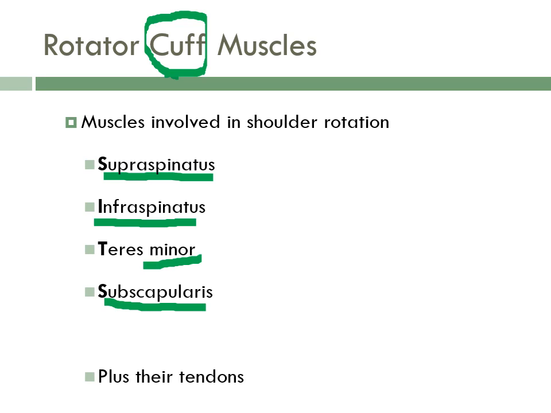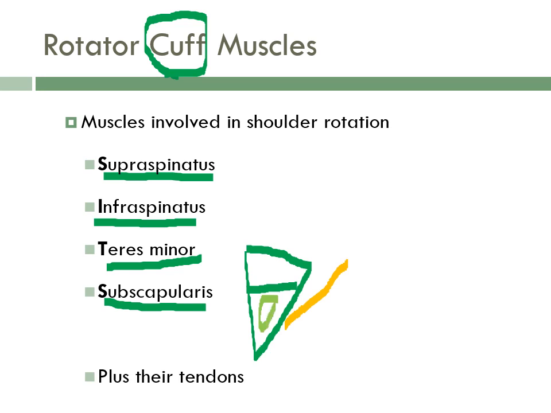And then the teres minor is located on the edge of the scapula. That's about as good as I can get drawing here. The teres minor comes off the side like that and attaches into the humerus. The infraspinatus is in this region, the supraspinatus is in this region, and then the subscapularis would be on that anterior surface.